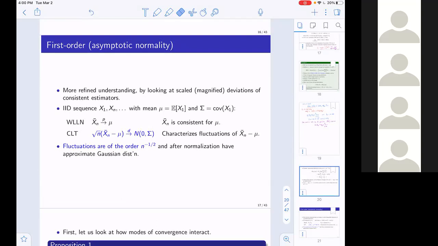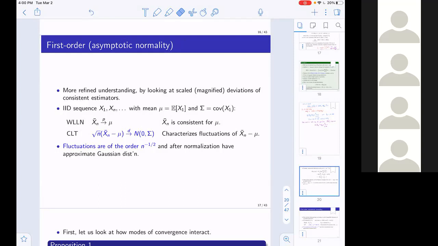In asymptotic theory, how fast you converge tells you how good your estimator is, because it shows you how the variance or the distance to the truth is reduced as a function of the sample size. So the good estimators would converge fast, the bad estimators would converge slower, and the rate of convergence tells you which one is better.